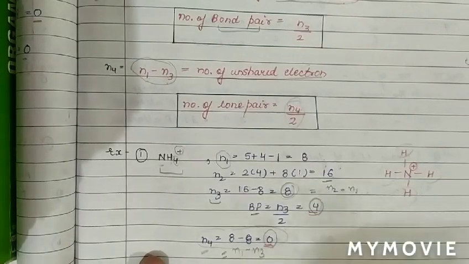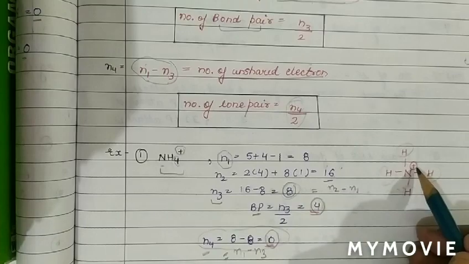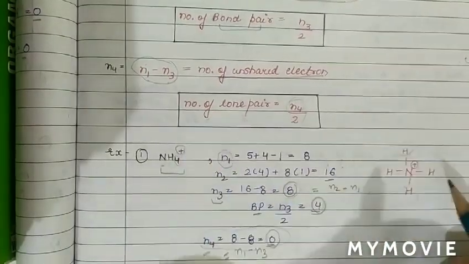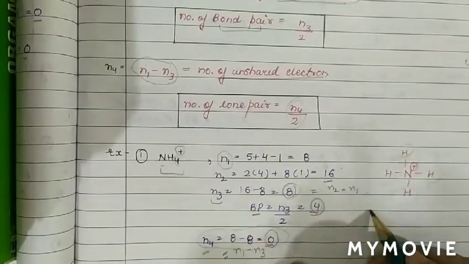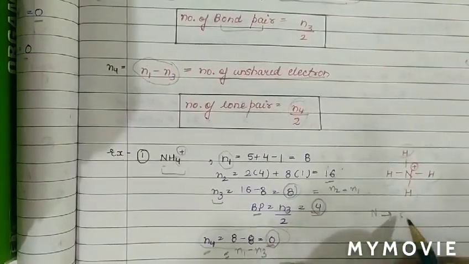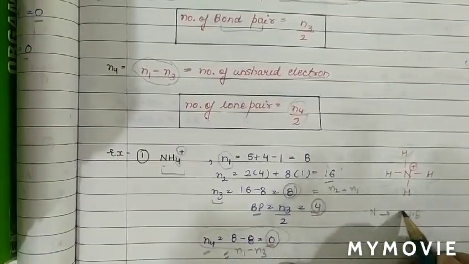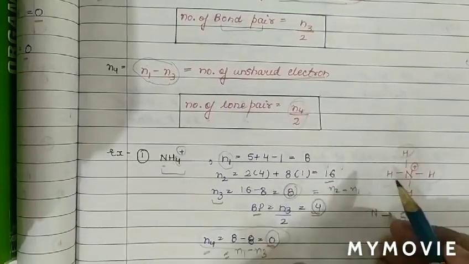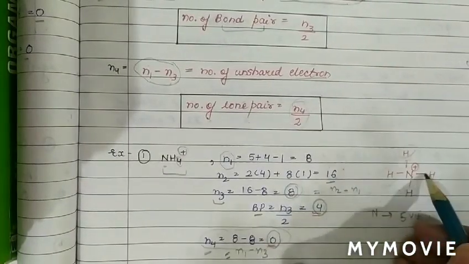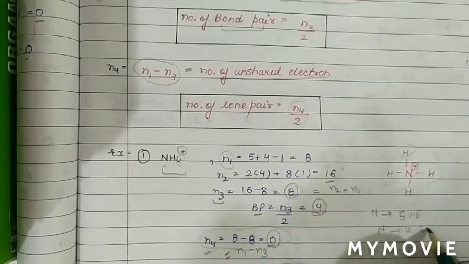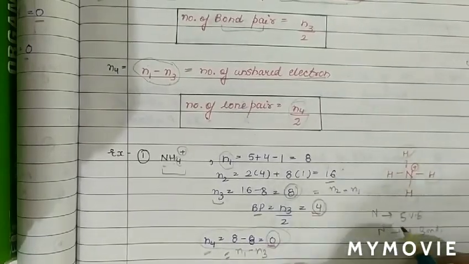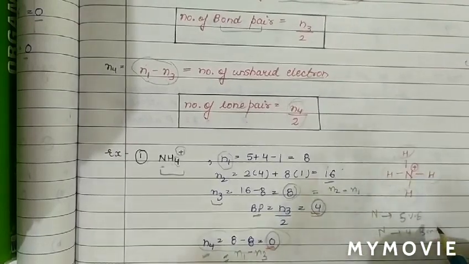Let's use a shortcut for the charge. Plus 1 charge is present on which atom? The shortcut is, as we know, the nitrogen atom has 5 valence electrons, but here nitrogen forms only 4 bonds. Due to 5 valence electrons, it could form 5 bonds.